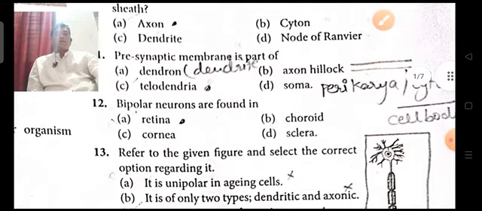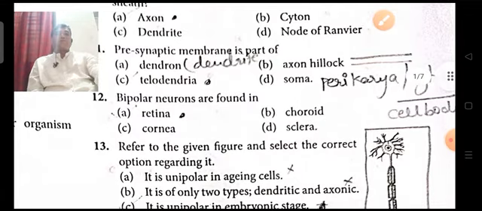Next, the presynaptic membrane is a part of dendron, axon hillock, telodendria, soma. The other name of the cell body or pericardia or cyton or soma is one and the same. Axon hillock means the space present between the axon, and dendron means the dendrite is called dendron.